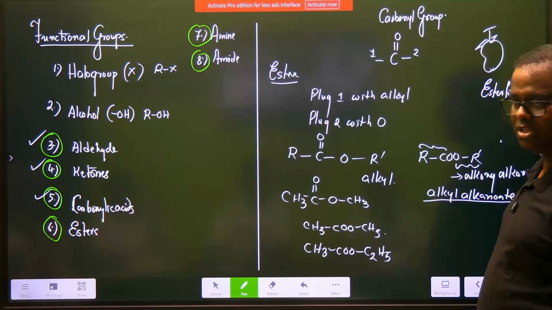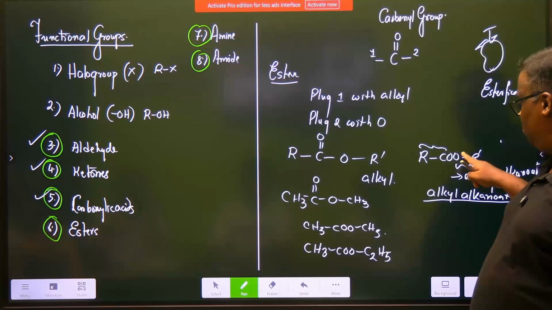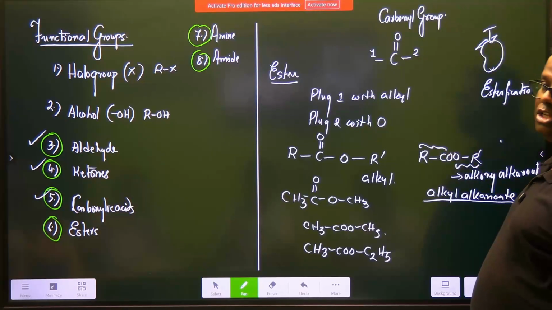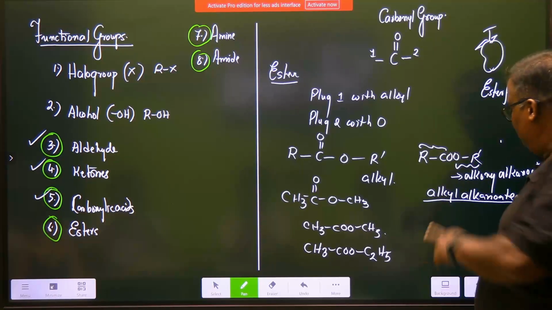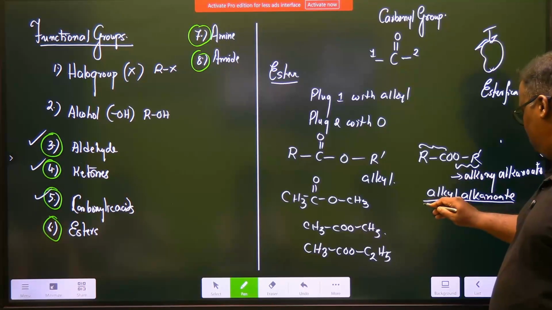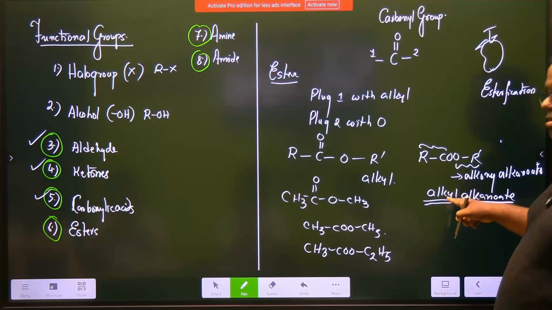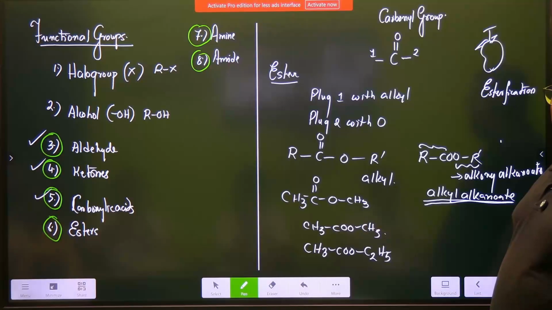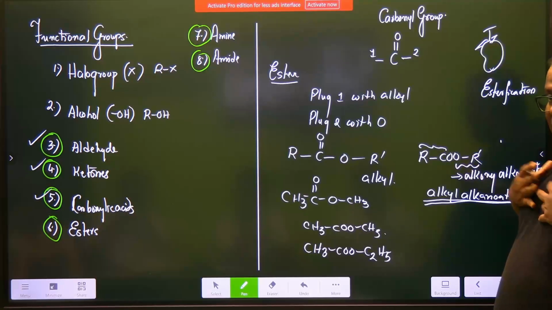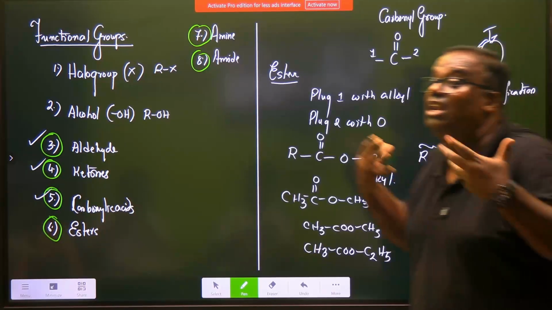How do I name it? One of the alkyl groups will be attached with oxygen, and another alkyl group will be attached with carbon. The one with the oxygen, in trivial name, you focus on this one, will be named as alkyl. In trivial, we used to call it alkoxy. I find that easy: oxy means I am the alkyl attached with the oxygen, so I became alkoxy.